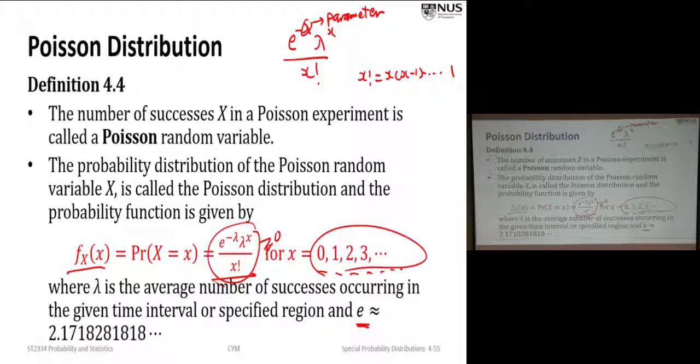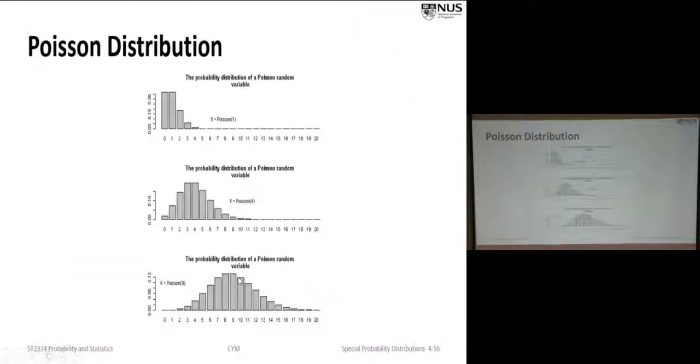One is e, which is just a constant. Then lambda, as well as x. X is in fact the value of this random variable. So lambda is the only constant that identifies different Poisson distributions. We usually write it as x follows a Poisson distribution with parameter lambda.